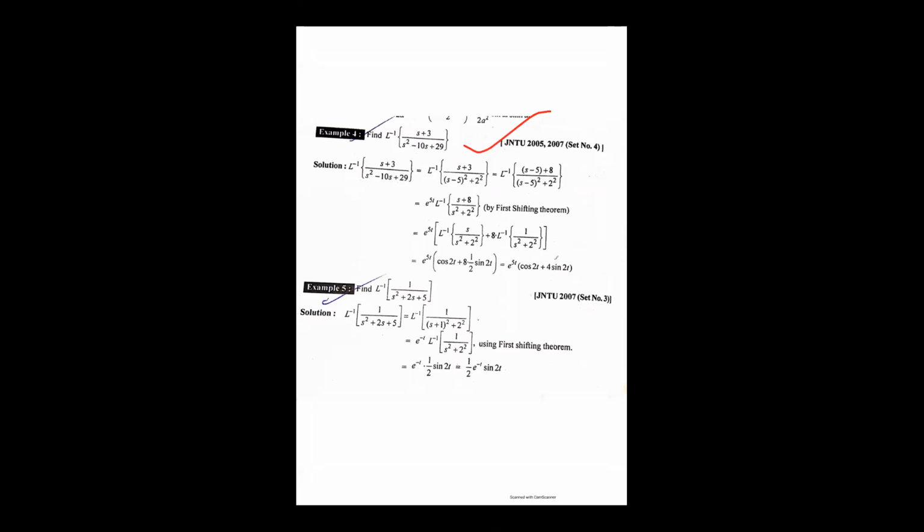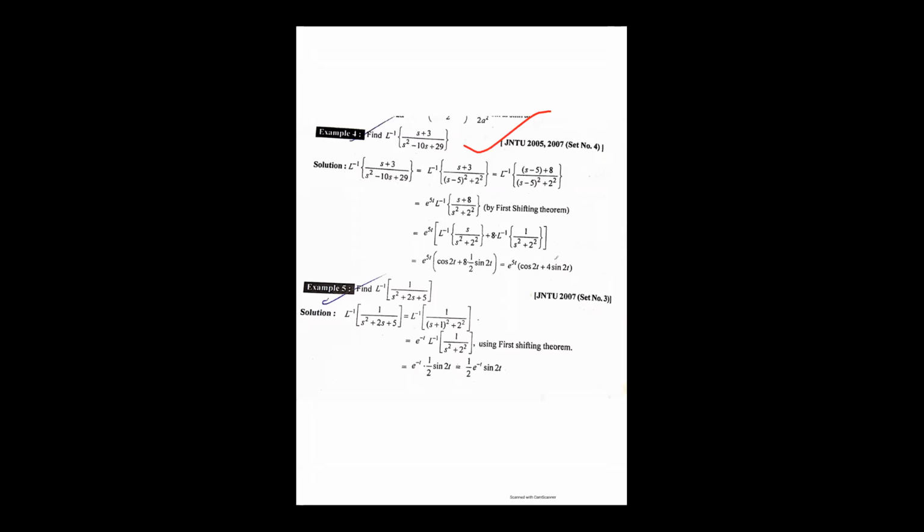Okay, doing some simple problems. In inverse Laplace transform, the topic we discuss is how to find the answers to problems by using the first shifting theorem. So here the problem is L inverse of s plus 3 by s square minus 10s plus 29.